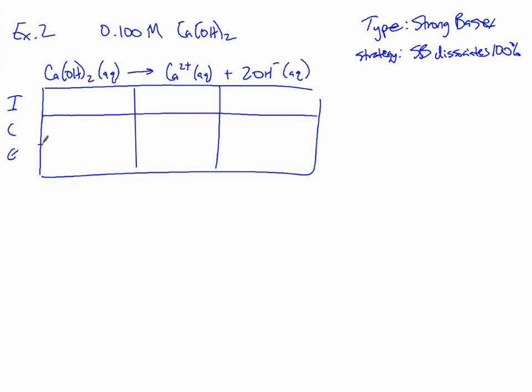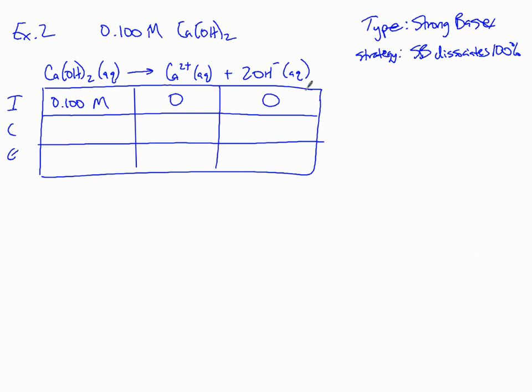Columns for 3 species, 3 rows: initial, change, and final. Initially, we have 0.1 molar of the calcium hydroxide. Like I stated in the last example, they didn't tell us about anything else, and so we're not going to have anything.